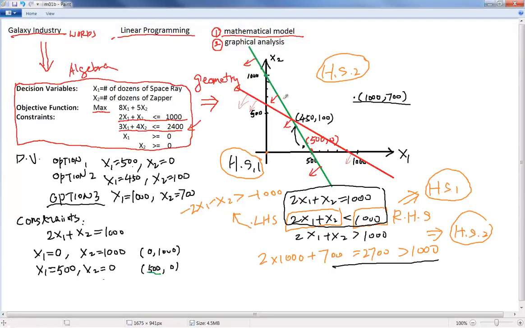So the overlapping area, by applying all 4 constraints, now becomes this polygon surrounded by 4 edges.